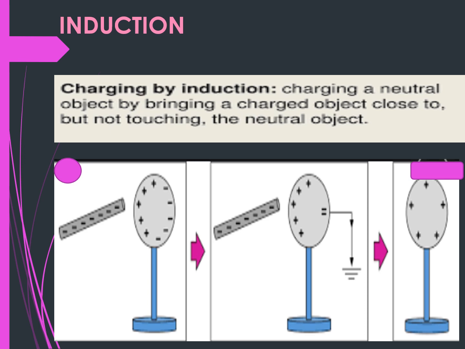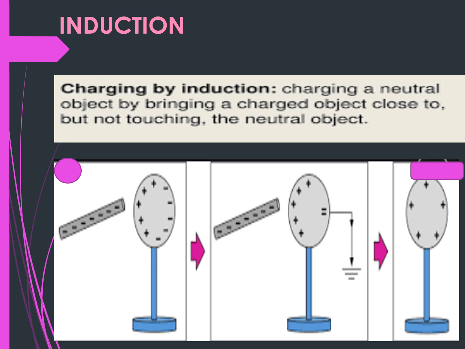A negatively charged body is brought near a neutral body. Now, a negatively charged body will attract the opposite charges. That is, the positive charges will be on one side and the negative charges on the other side. In this situation, the electrons repel.